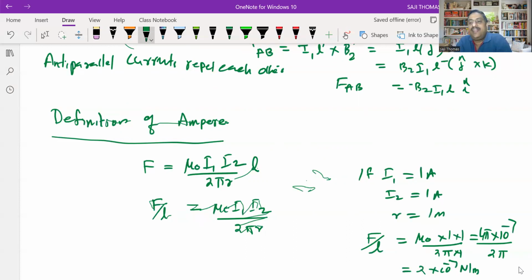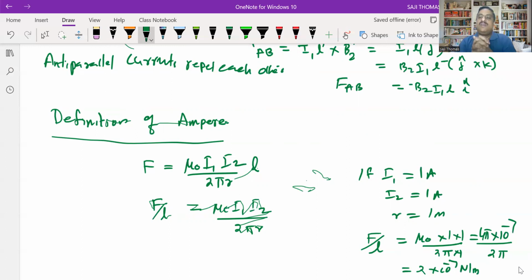Now we can define ampere. Pay attention. 1 ampere is that current which when flowing through two straight parallel conductors of infinite length separated by 1 meter and placed in vacuum produces a force of 2 into 10 raised to minus 7 Newton per meter.